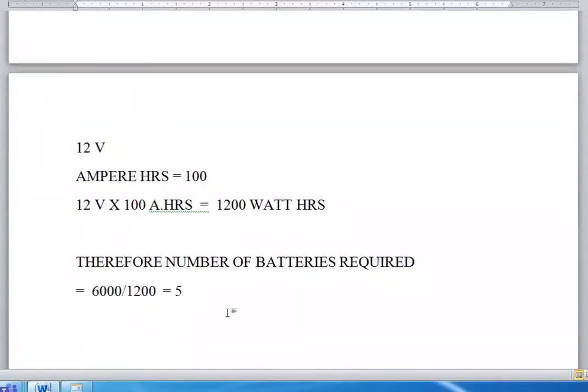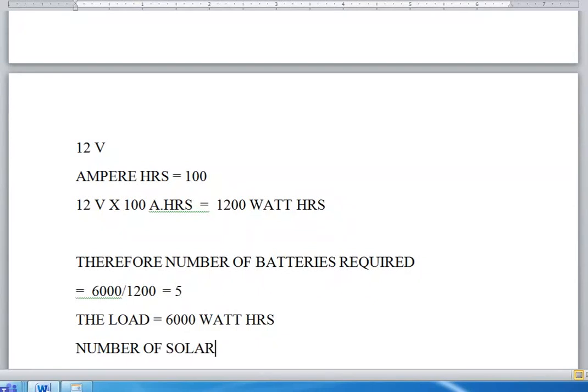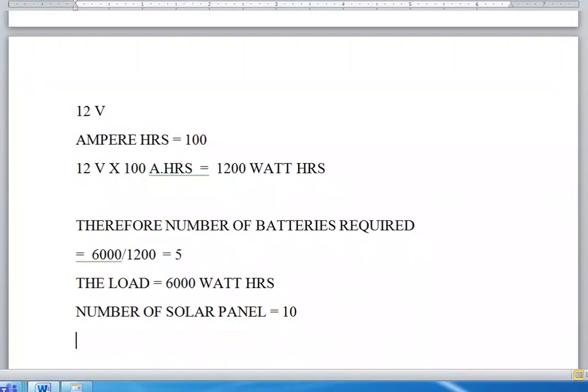So in the conclusion, what will you do? You will again write the total load. The conclusion should say total load is equal to 6000 watt hours, and then the number of solar panels is equal to 10, and then the number of batteries is equal to 5.